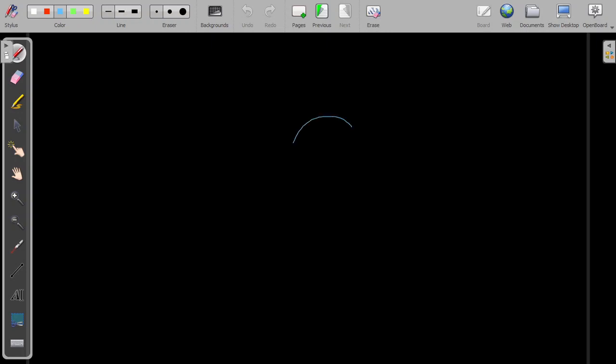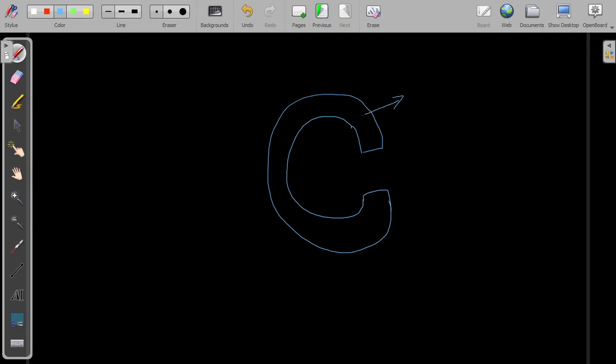I am considering a core like this, made up of, say, iron, and in between we have air as the material, and N is the number of turns.